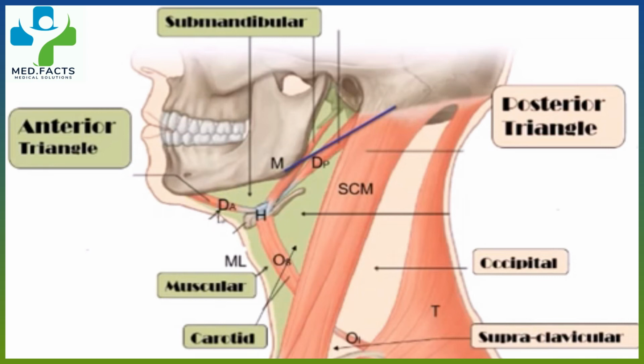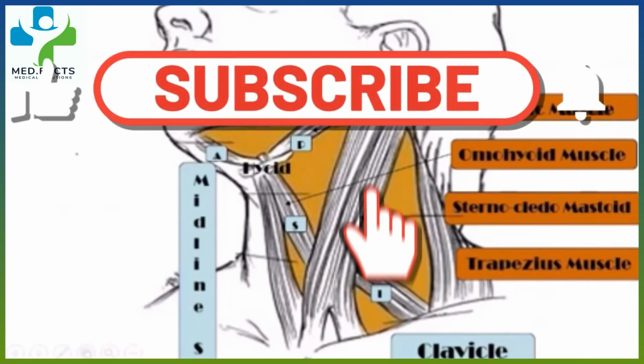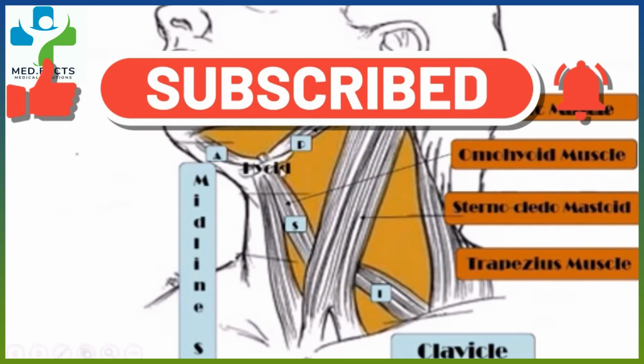Coming to the last triangle, this is the submental triangle. It is called submental because it is below the mentum. This is the mentum here, it is below the mentum, that's why it is called the submental. Here again you can see a different picture with the same boundaries.